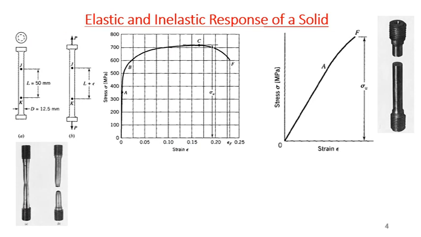For example, this is a typical stress-strain curve of structural steel, in which you have, maybe, A, a proportional limit, B, a yield limit, then C, and then failure.